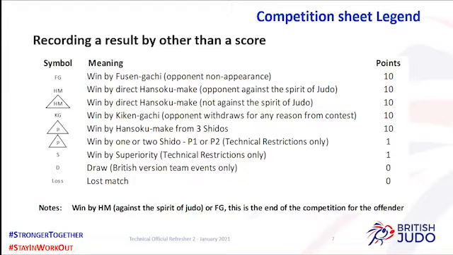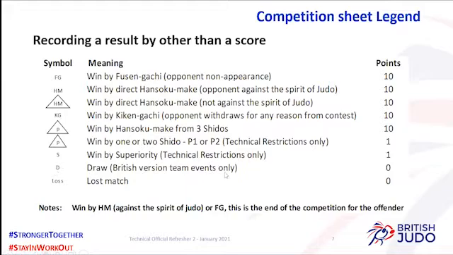In that golden score period, they are limited in technical restrictions to a further 3 minutes. Therefore, if that 3 minutes elapses with no more penalties and no more scores, the referee and judges have to make a decision on who they believe is the winner. And when they give that decision, it goes down as an S and 1 point.